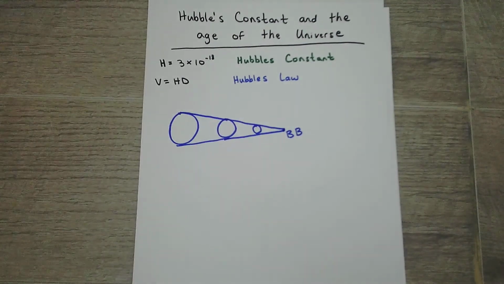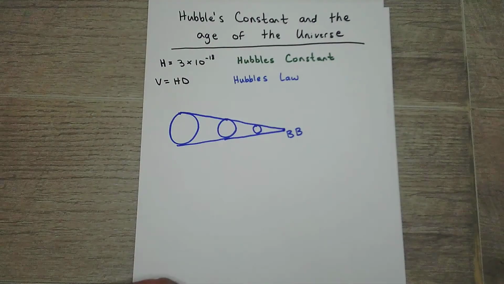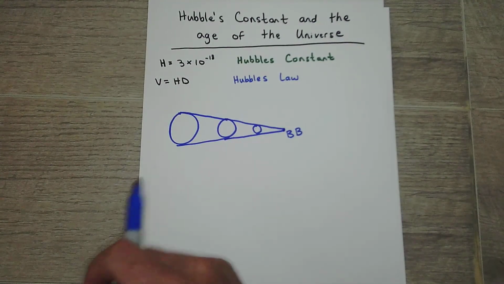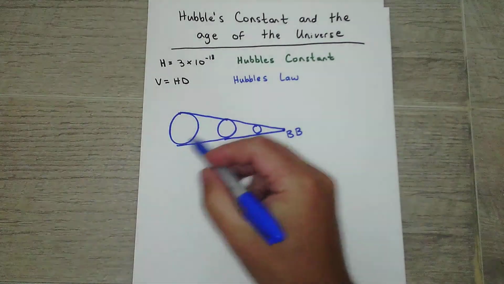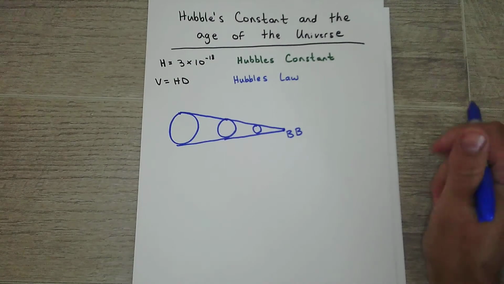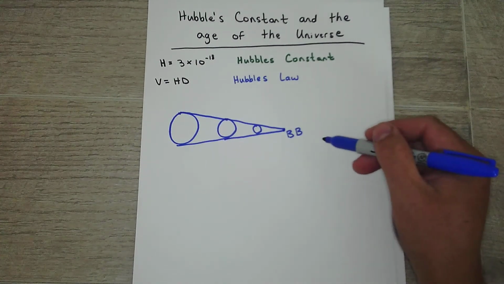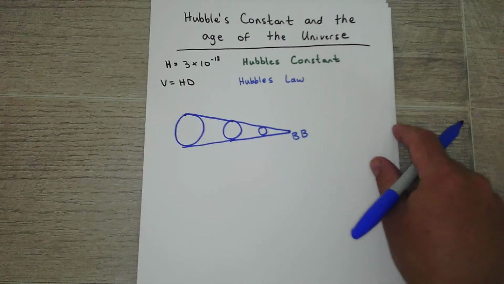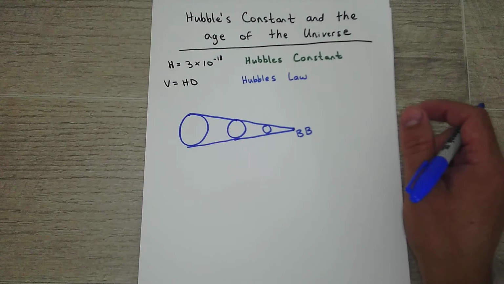Basically we don't know what caused the Big Bang. It's most likely due to some gravitational quantum fluctuations that happen within space itself. But what caused those fluctuations, we don't really know yet. There's a lot of crazy, outlandish theories out there.